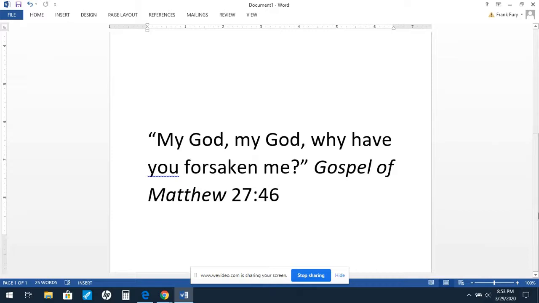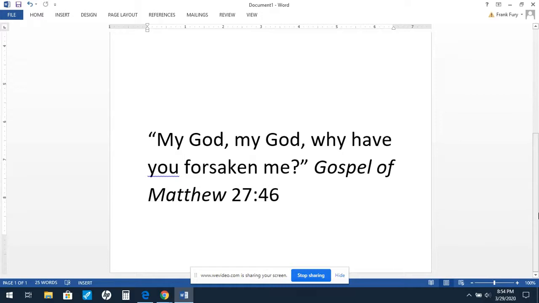He says, "My God, why have you forsaken me?" This is actually the only line in the New Testament that appears in two different Gospels. I just gave you one reference here, the Gospel of Matthew, chapter 27, verse 46. And this is important because Jesus here is showing doubt. He knows why he has to die.